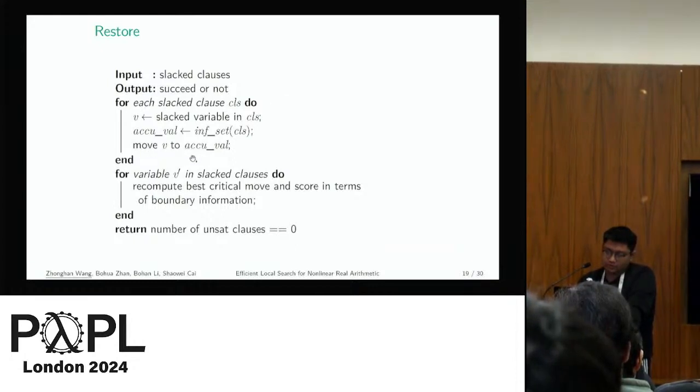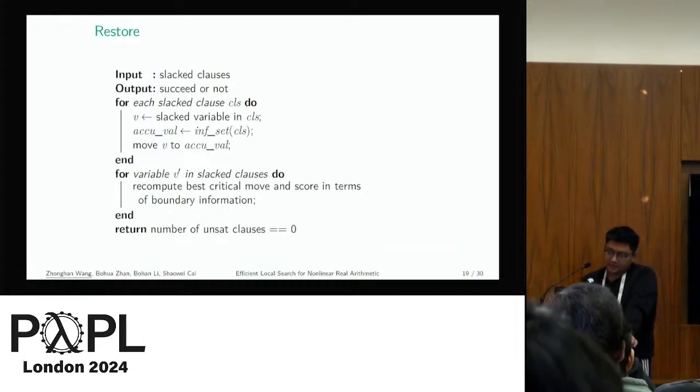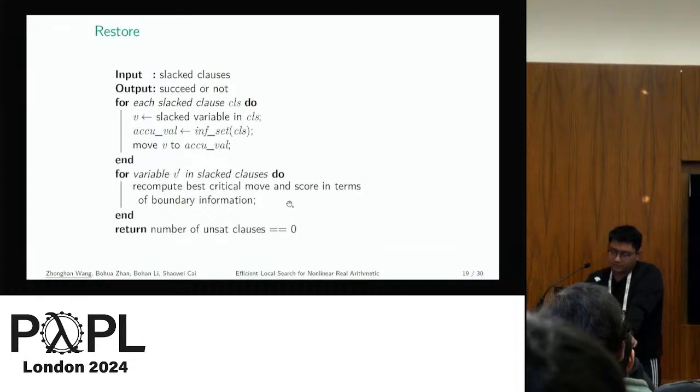Also, if you move the variable to the accurate value, its value changes, and it may set or unset some clauses' status, and the whole score of the unset clauses may change, and it may not succeed. Finally, if we use incremental computation of the boundary set, we recompute the best critical move and score in terms of boundary information. Whether it succeeds or not, we check that the number of unset clauses is equal to 0.